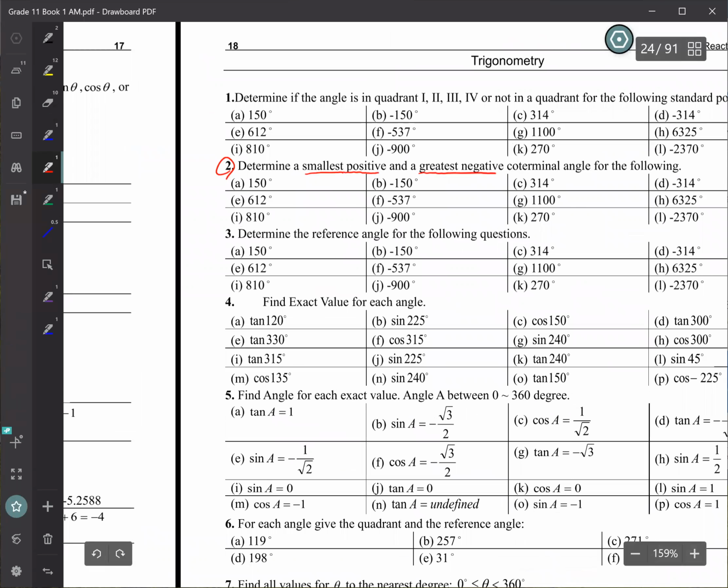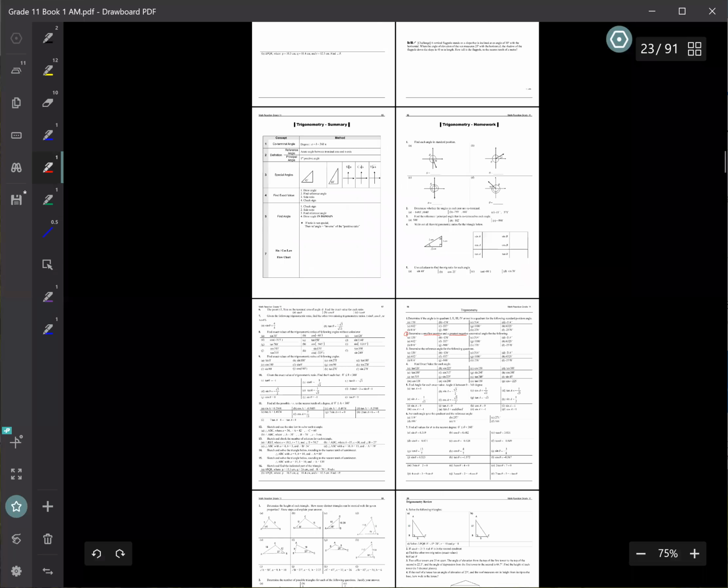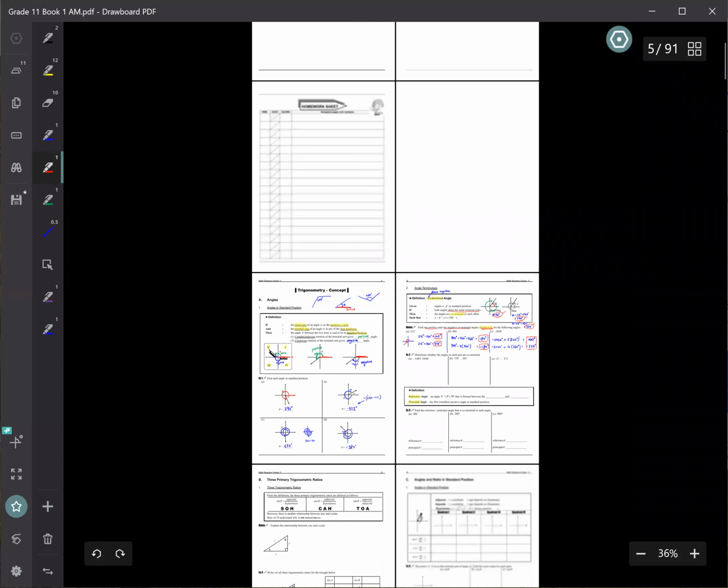Greatest negative also means closest to 0, because when it's a negative value, the closer to 0, the bigger it is. So it's worded differently but says the same thing. Find two angles, one positive and one negative, coterminal to each of the following. That's the kind of question you will get. All right, so that's the coterminal part.